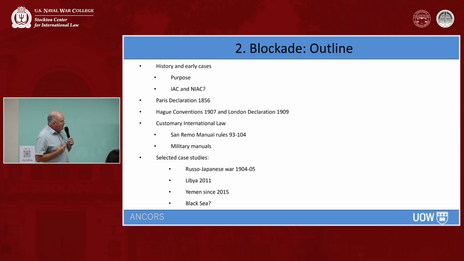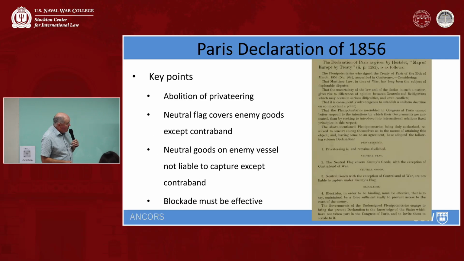But what do we talk about in terms of blockade? We've got a number of different bodies of law that have dealt with blockade. The famous Paris Declaration, which you're now all very familiar with, of course, it had a number of parts to it, but the fourth part, again, a very simple treaty, but the fourth part of it talks about blockade and the need for a blockade, if you are putting one in place, to be effective.